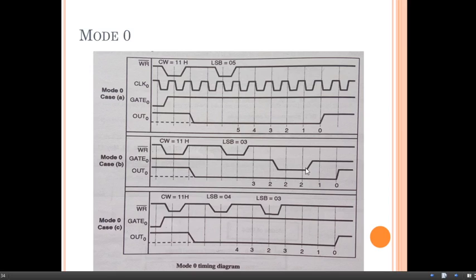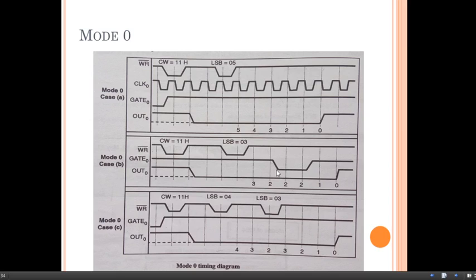So when this gate gets disabled, our counter will suspend the counting. Here the counter is loaded by value 3 at the negative going pulse of the clock cycle. So the counter started counting, decrementing this value, so 3, 2, and here the gate is disabled.